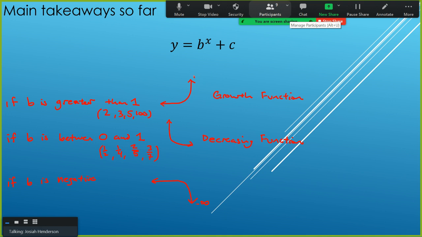This one, the growth function, is going up to positive infinity. The decreasing function in the middle isn't going to negative infinity. It's bottoming out against its wall. It's getting flat against its barrier. So that's a little different.